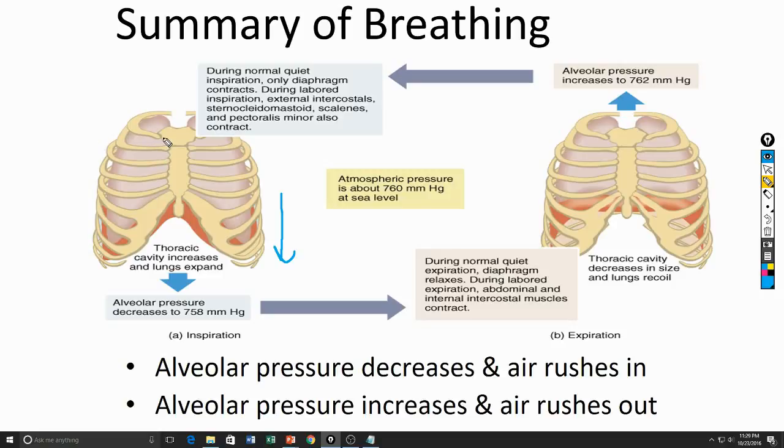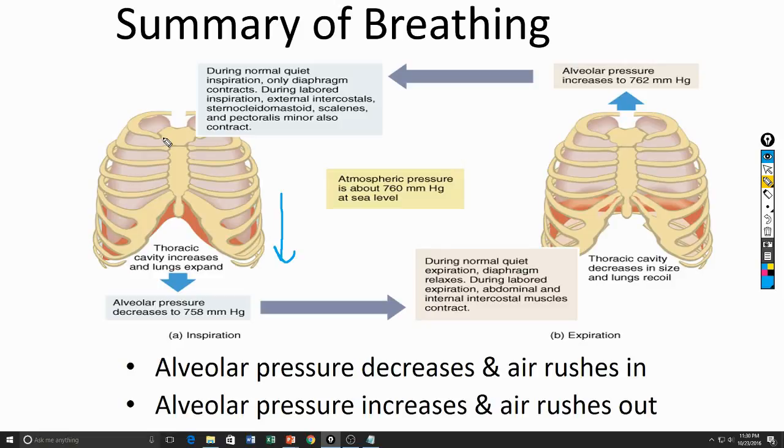So the lung area increases, and if the volume inside of a container increases, and the number of gas particles inside that container stays constant, then the pressure relative to the outside of that container, assuming they were equal to begin with, would go down, right?